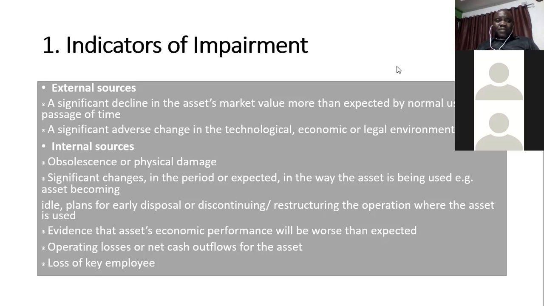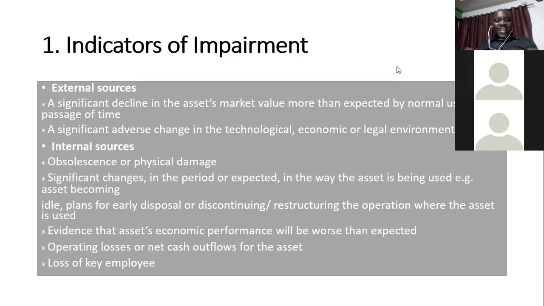If there is some physical damage to this particular asset that you have, you may be required to perform an impairment test. Secondly, significant changes in the period expected in the way the asset is being used, e.g., the asset becoming idle, plans for early disposal or discontinuing, restructuring the operation where the asset is used.